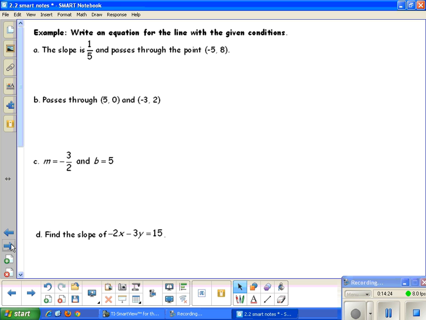Now, for this next part, we're going to write an equation for the line with the given conditions. So for this first one, we have m equals 1/5 and passes through negative 5, 8. So if we want to write the equation for this, the first thing that would be easy to use would be point slope form, because we have a point and a slope.